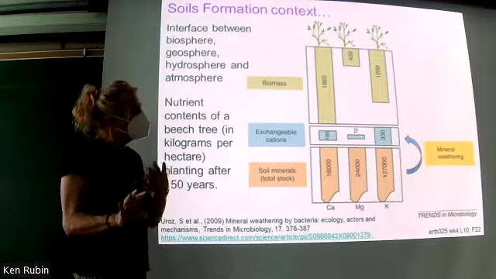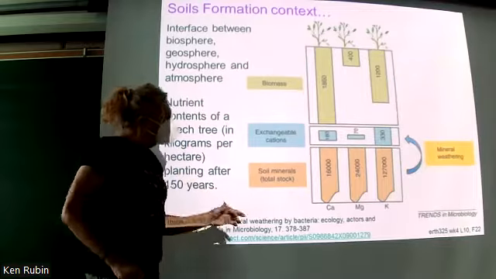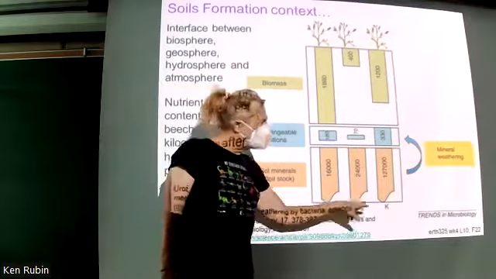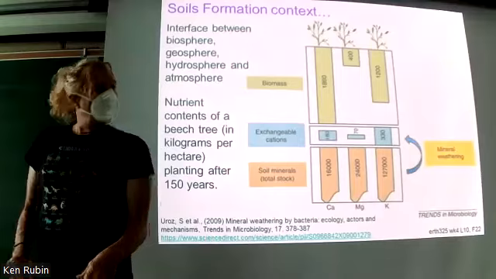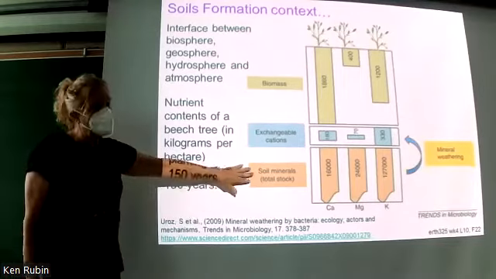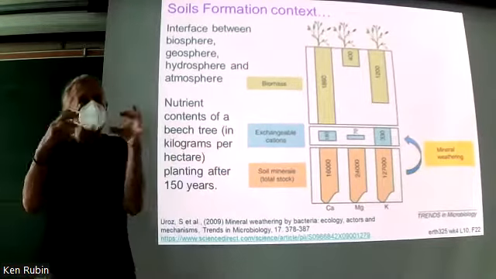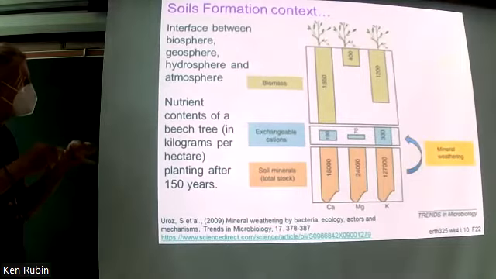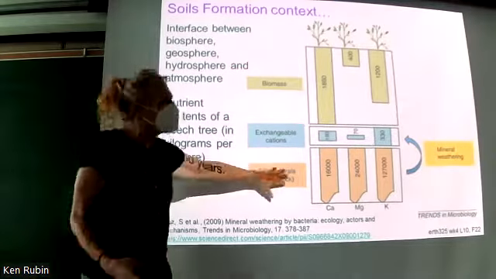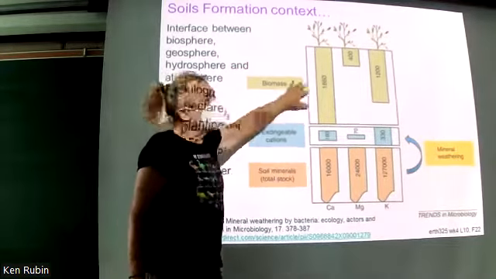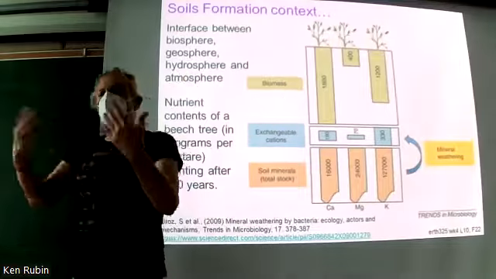And this is, for instance, the chemical inventory of three elements, calcium, magnesium, and potassium, in soils, in exchangeable ions, the things sitting on the clays, like we were just talking about, that are not part of the solid matrix, and living in the biome, right? The plants that are living on the soil.